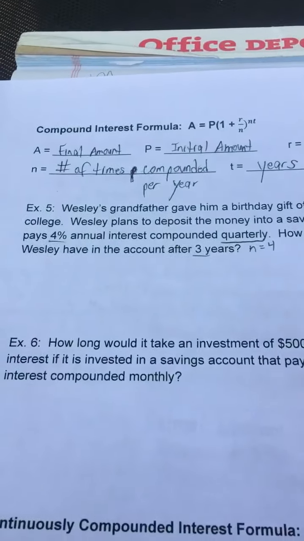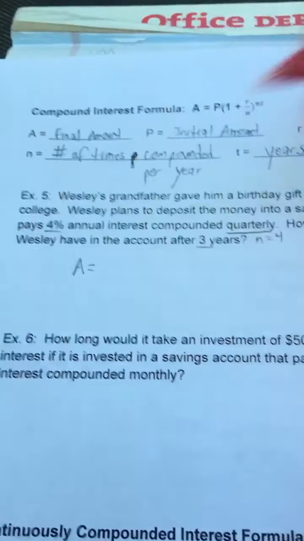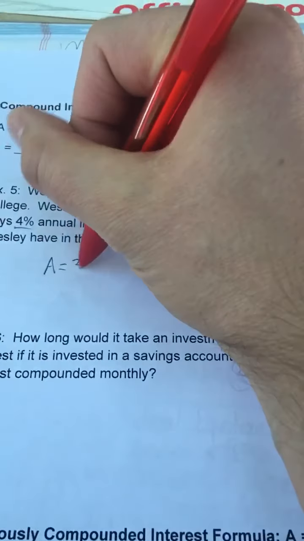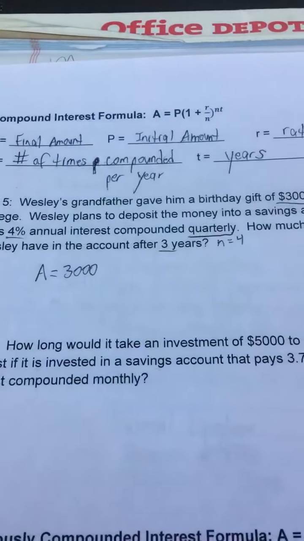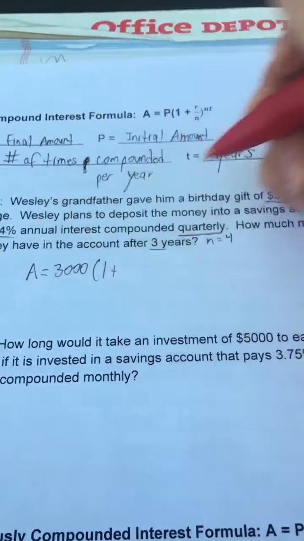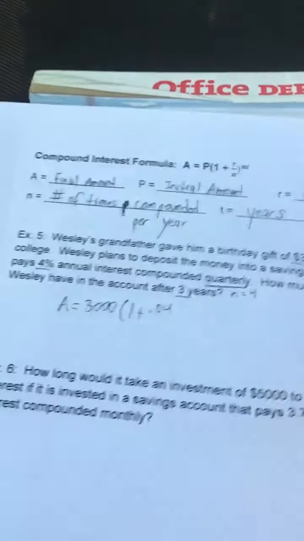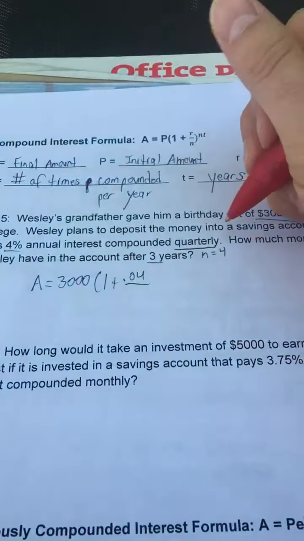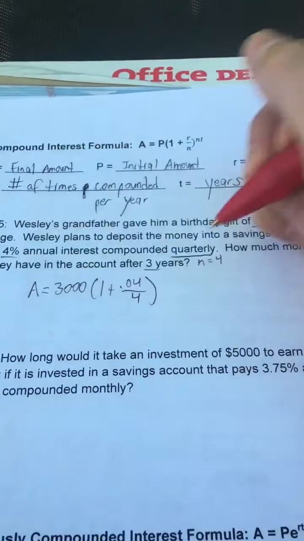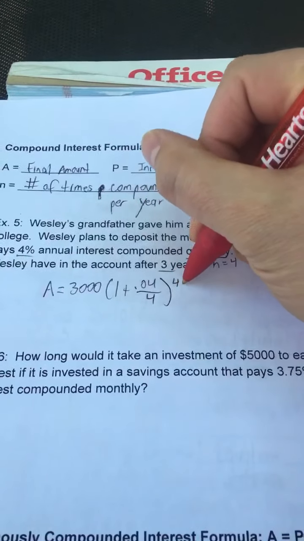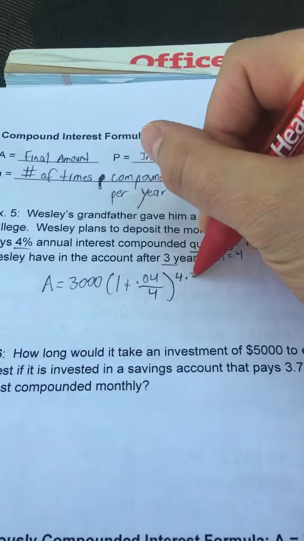So I'm looking for the final amount, so A equals the initial amount 3,000 times 1 plus r, remember move that decimal twice, 0.04 over n, which is 4 because it's quarterly, exponent n times t. So 4 was n, and time was 3 years.